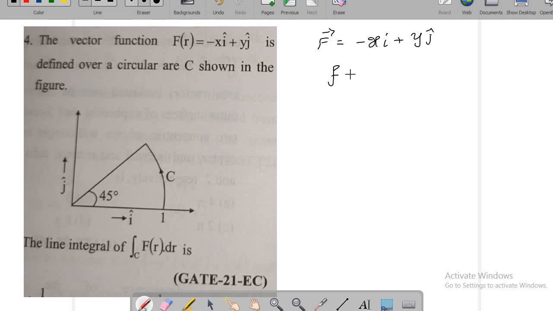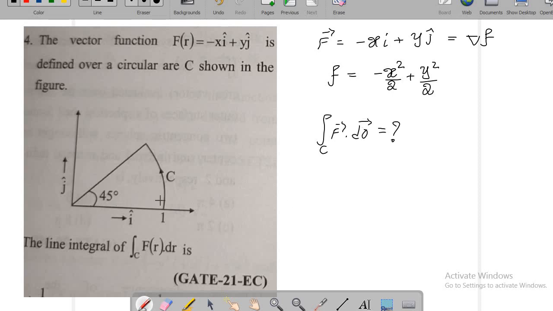And if you ask me what f is, it is nothing but minus x square by 2 plus y square by 2. And our given vector field is nothing but the gradient of f. Anyway, they are asking for the line integral of f, that is, the integral along C of f bar dot dr. They are asking what it is.